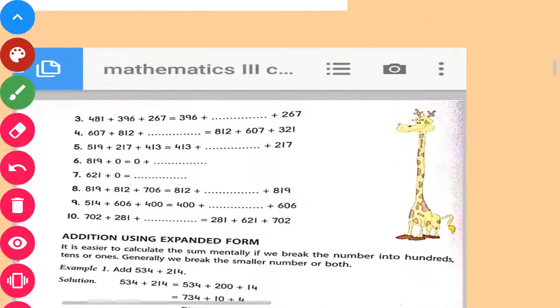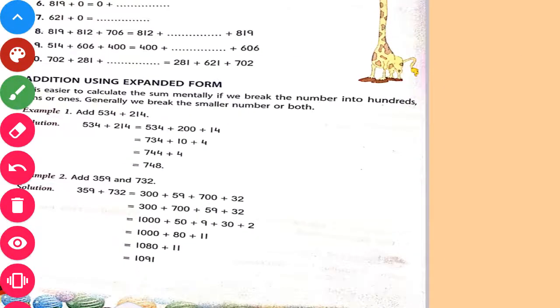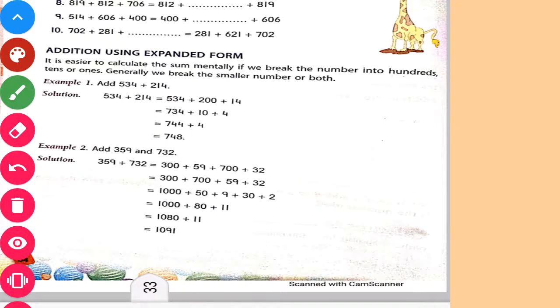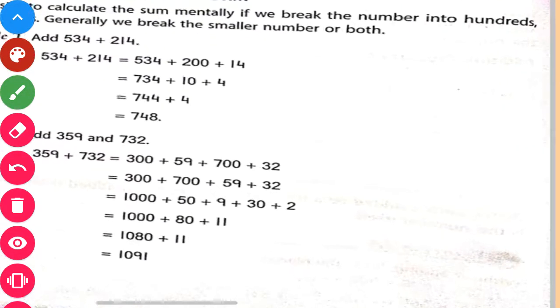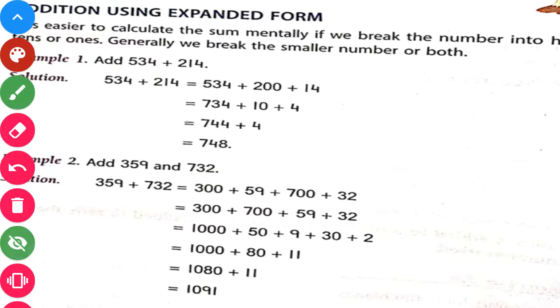Okay, now let us take examples from your book. See, 534 plus 214. Here, what they have done is they have just expanded the smaller number. 534 plus 200 plus 14.